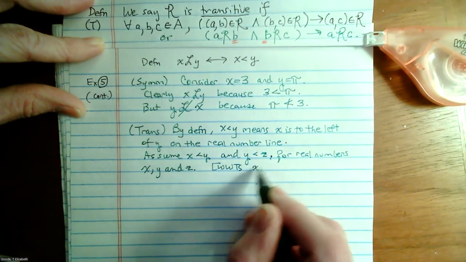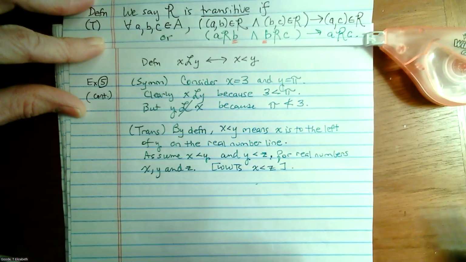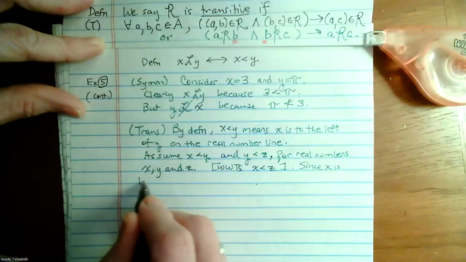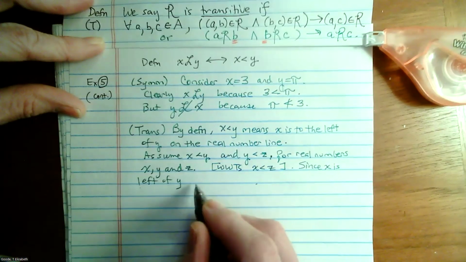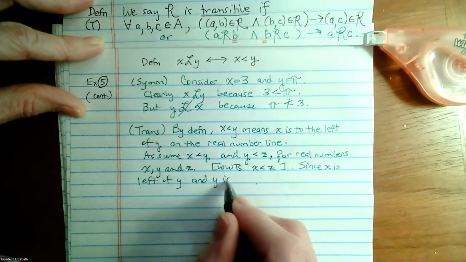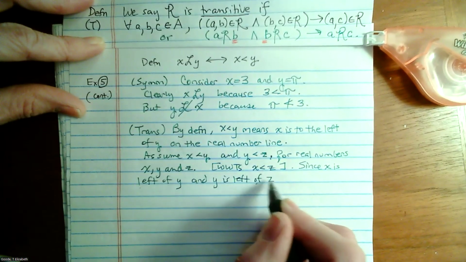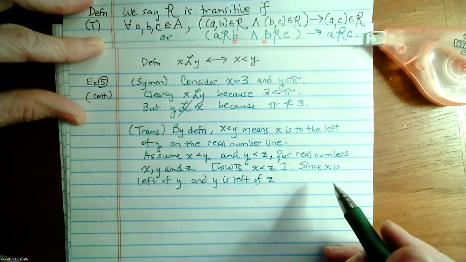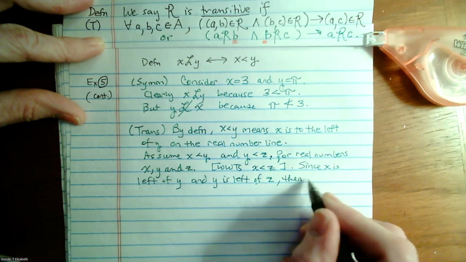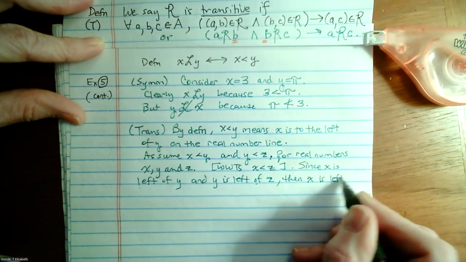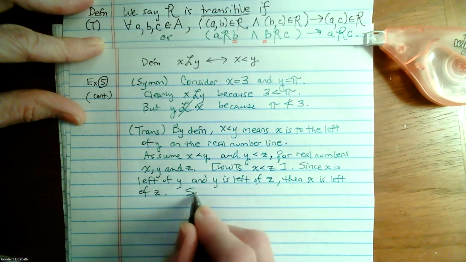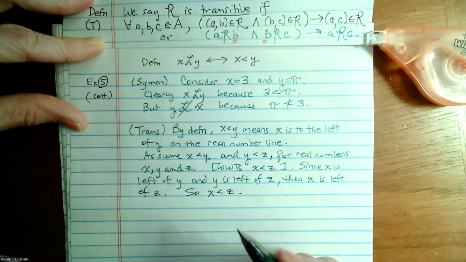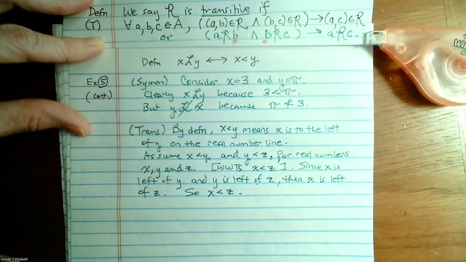We wish to show X is less than Z, but that's just obvious. Since X is left of Y and Y is left of Z, I mean, that's the actual proof of the transitivity of less than. It's really just a physical representation of points on the real number line. Then X is left of Z. So X is less than Z. So we just showed that it's transitive.